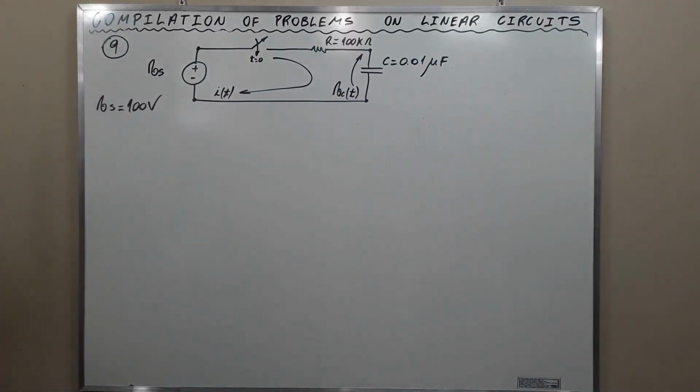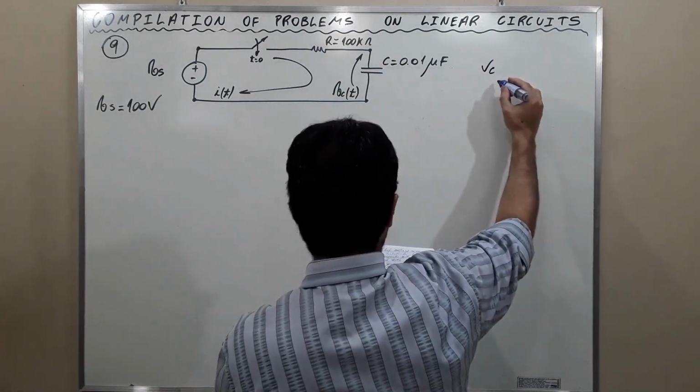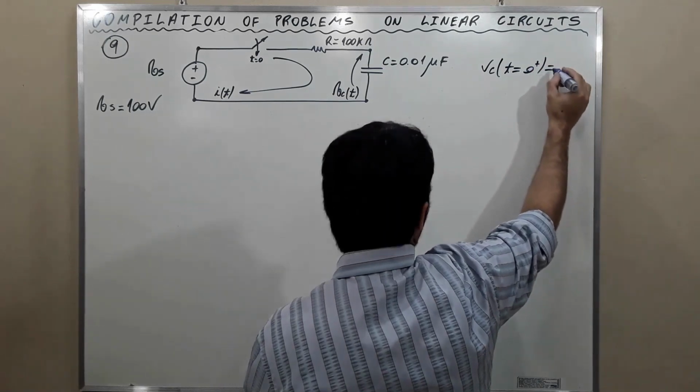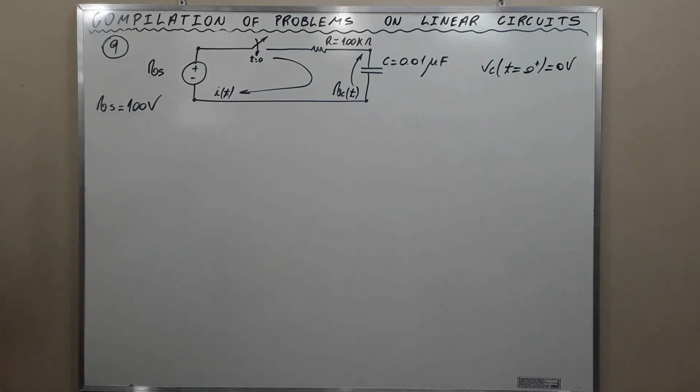If the initial voltage across the capacitor is 0, VC of t equal to 0 plus is 0 volts. Find an expression for the capacitor voltage as a function of time and sketch.